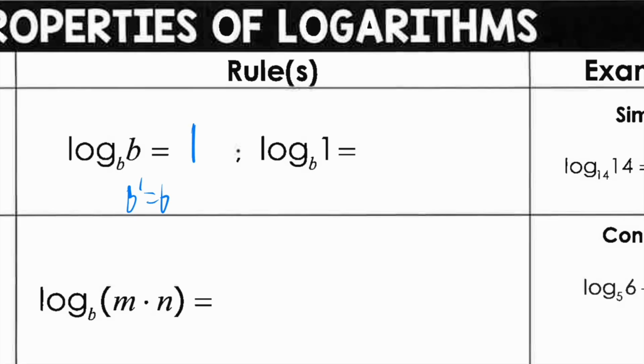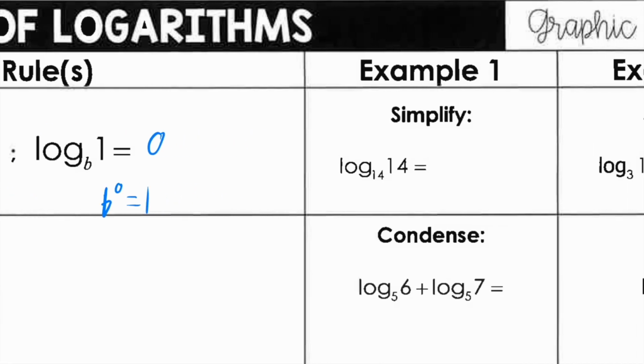And then log base b of 1 is always going to be 0, because b to the power of 0 would equal 1, and anything to the power of 0 is always 1. So that's just always going to be the case: if you have log base b of b, those two numbers are the same, the answer is 1. And if you have log base b of 1, the answer would be 0.